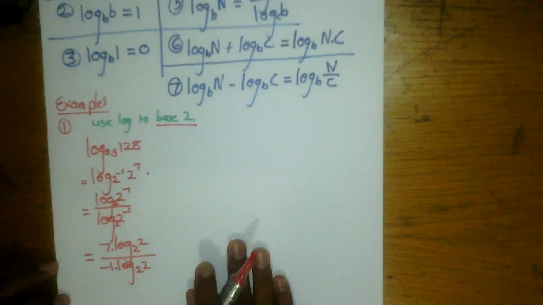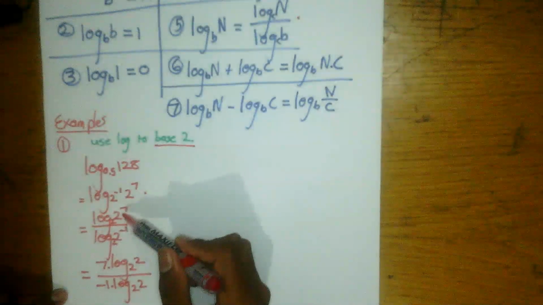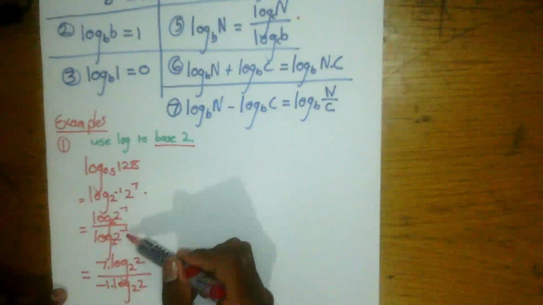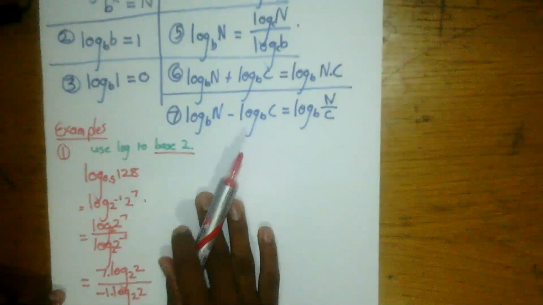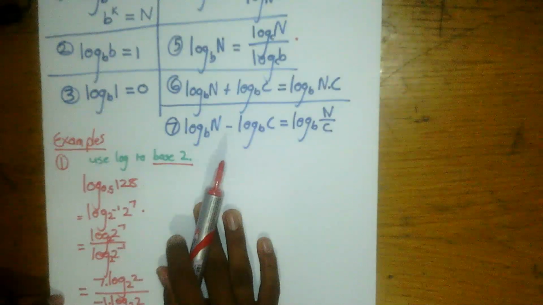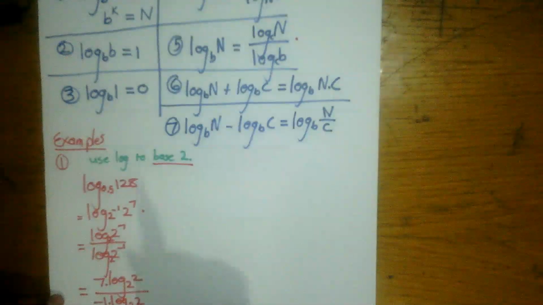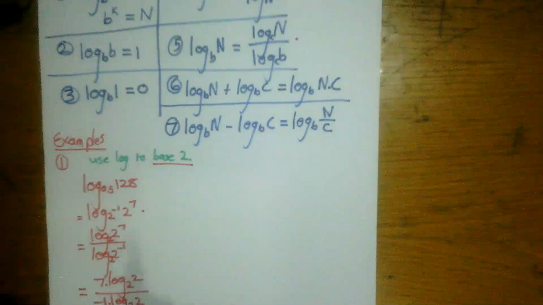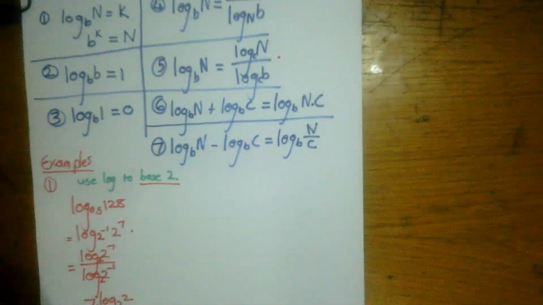Again, how we move this 7 to the front and this minus 1 to the front, it is a log rule. But we did not do it, so let's quickly do that.